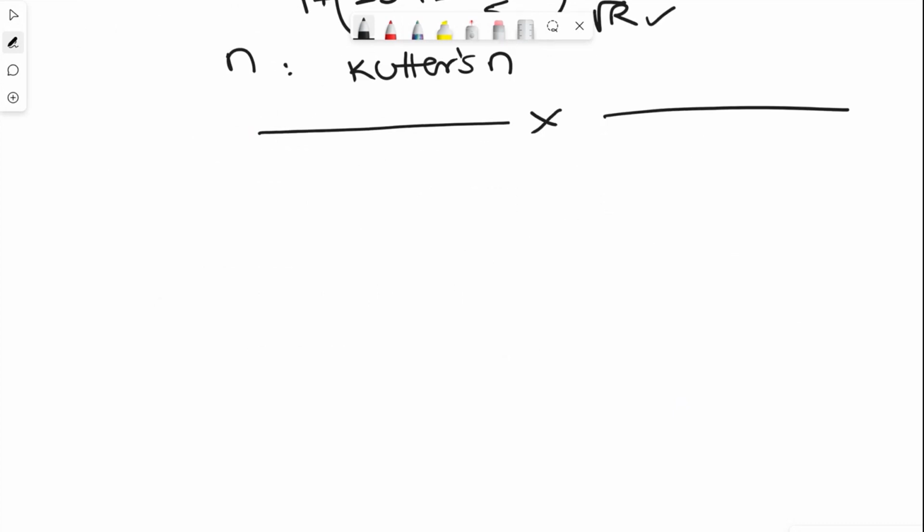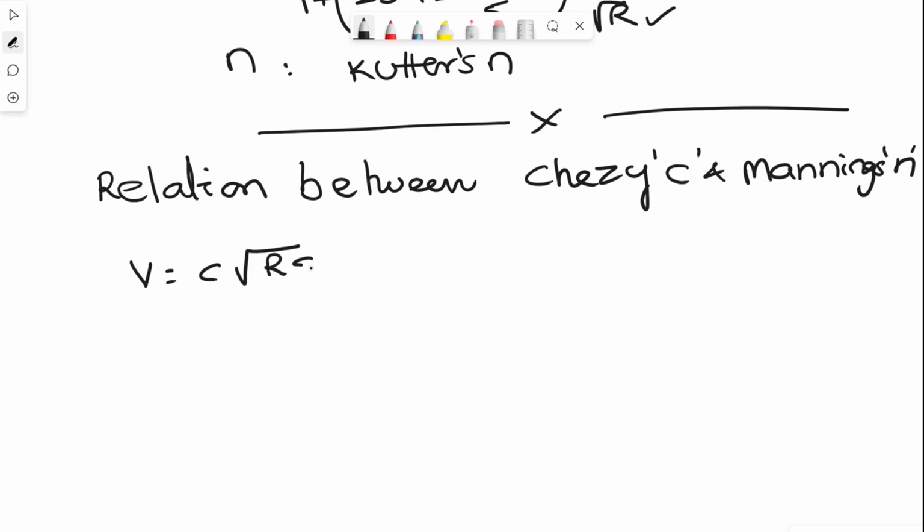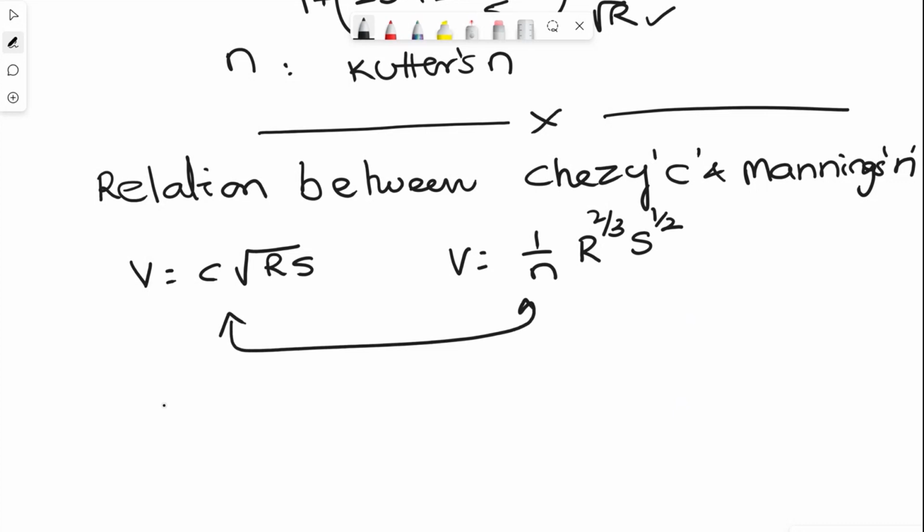Then next, before closing this topic, what is the relation between Chezy's C and Manning's n? What is the relation between the two? If I write V is equal to C root RS, and V is equal to 1 by n R to the power of 2 by 3 S to the power of half, and I equate these two, then what will I get?